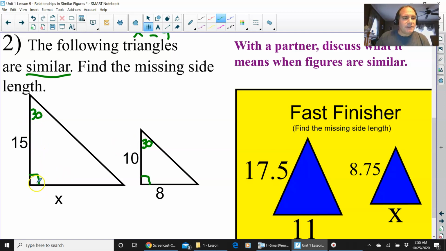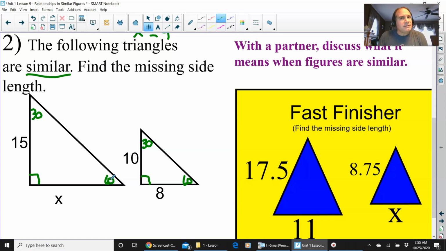So, if this is 90 plus 30 is 120, you subtract that from 180 and you would get, I'm just making up the numbers, 60. If this is 60, this would have to be 60. Remember, similar figures have corresponding angles that are equal. Now the sides aren't equal because remember the sides of similar figures are different sizes.